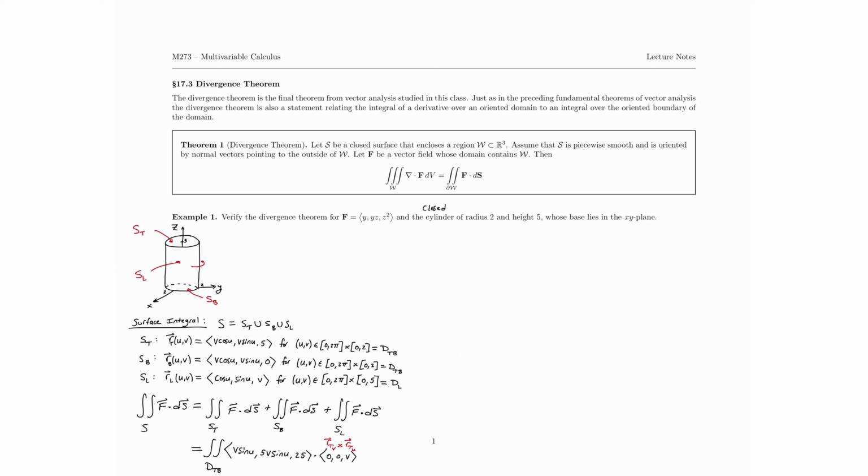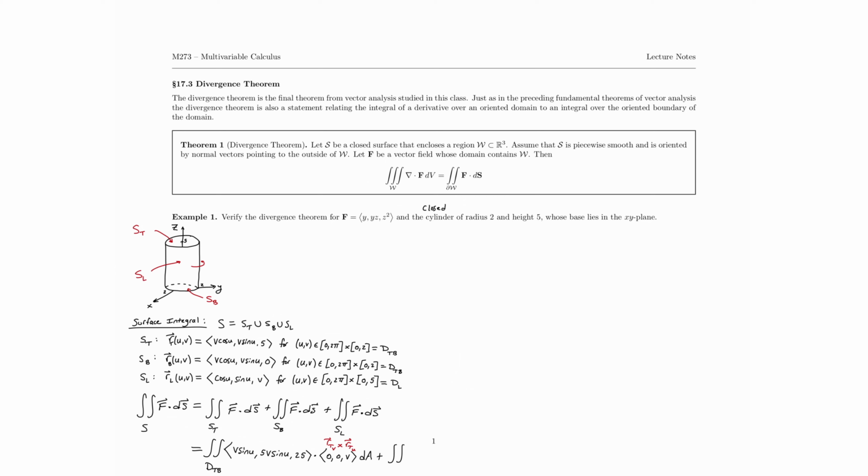So essentially the V partial of this crossed with the U partial of this. And then of course, that's going to be dA.